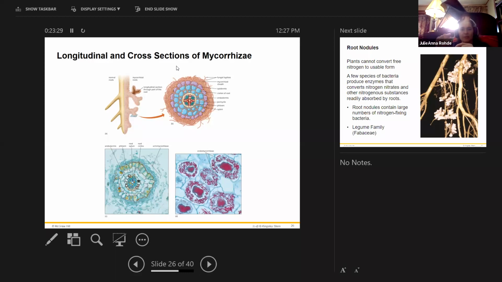And little hyphae are what's going to stick into the root of the plant. But they're only going to go partway in, and that's what this is trying to show you. It'll go partway in, but it never goes right into the cortex of the root. It just goes kind of into this outer part. So that's I think the point mostly of this illustration. At least that's what I want you to get out of it.